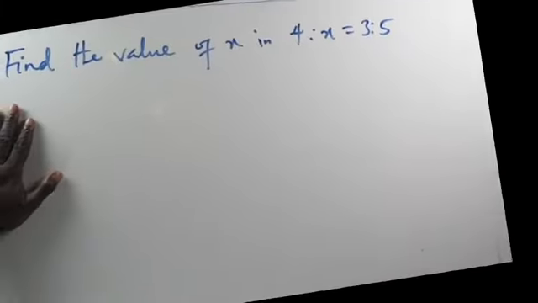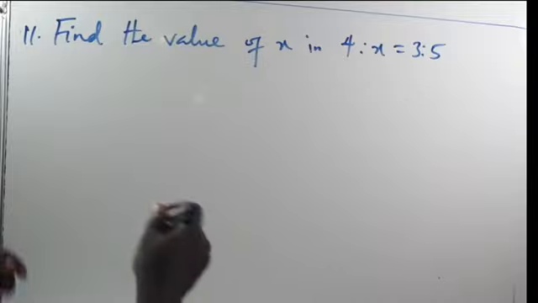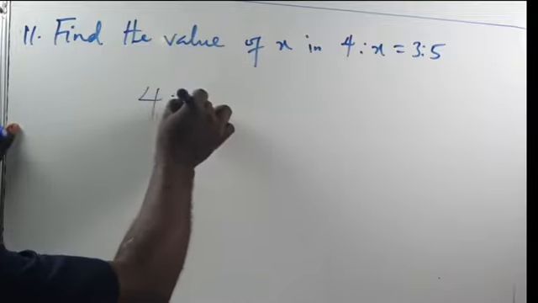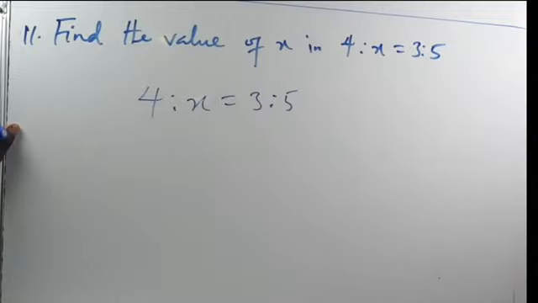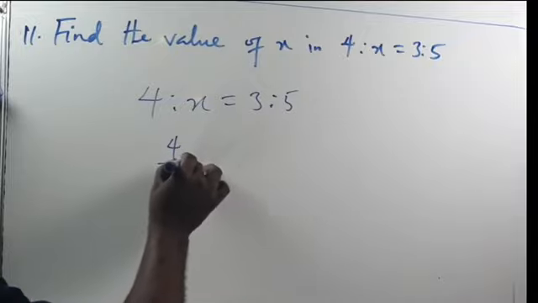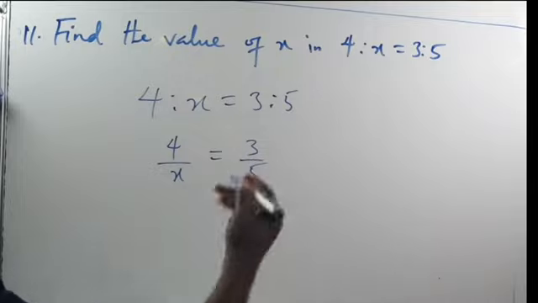This question is on ratio, and we are asked to find the value of x. Given the ratio 4 to x equals the ratio 3 to 5. As you all know, we can write a ratio as a fraction. So that is 4 divided by x equals 3 divided by 5.